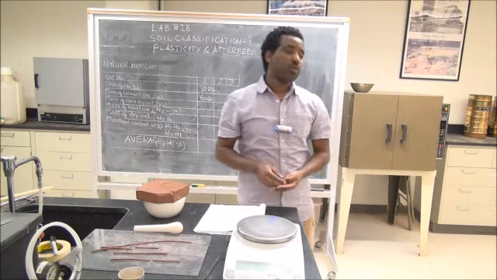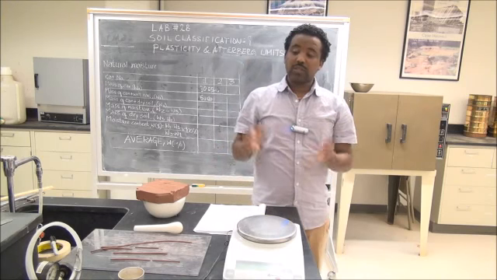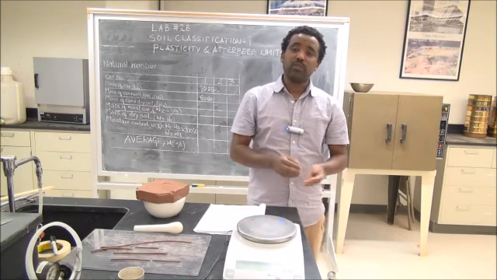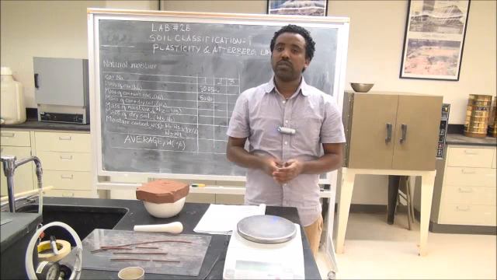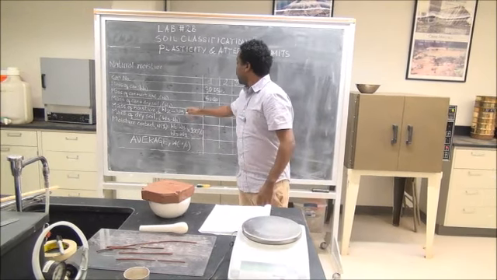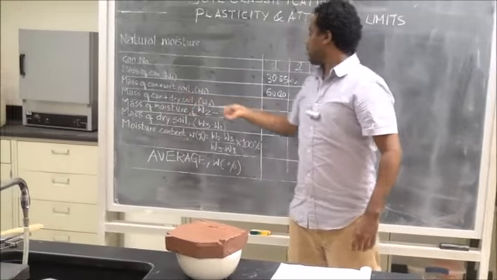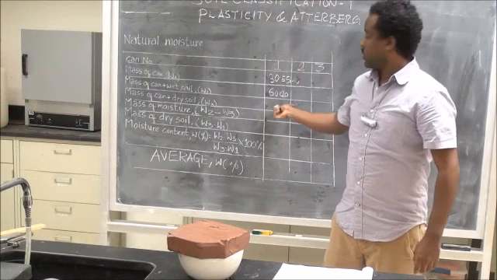So what we have will be only the mass of the container, which is a moisture can, and the dry soil. Once after 24 hours, we record the mass of the can plus the dry soil.